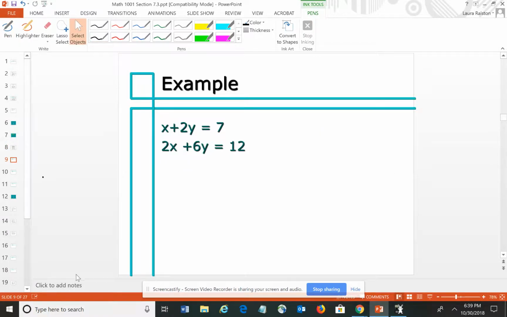We have x plus 2y equals 7 and 2x plus 6y equals 12. And so the first thing I need to do is go over here to the side and solve these two equations for y so that I can enter them into my calculator. So I have x plus 2y equals 7. Subtract x from either side to isolate the y.